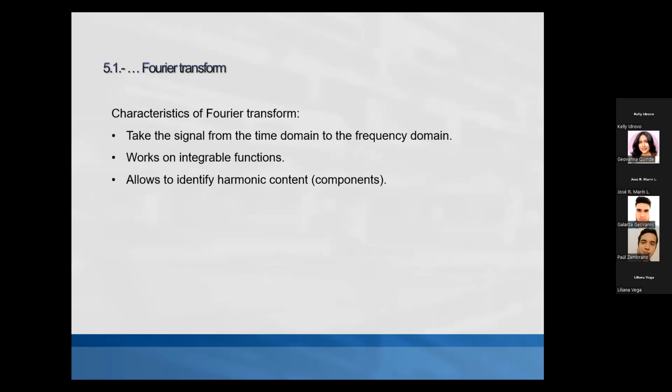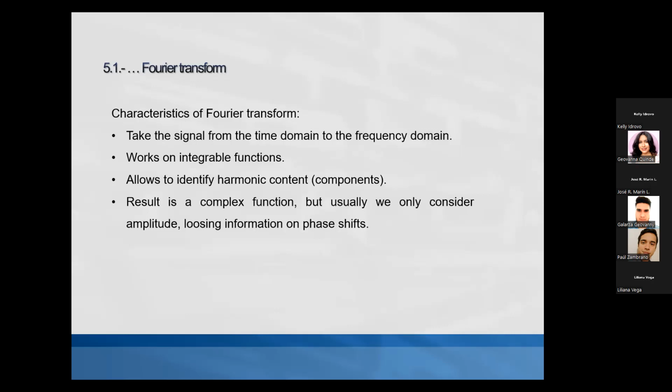The frequency content was a combination of the two natural frequencies of the system. So this is the most useful application of the Fourier transform, and that's the most common way we can apply it.